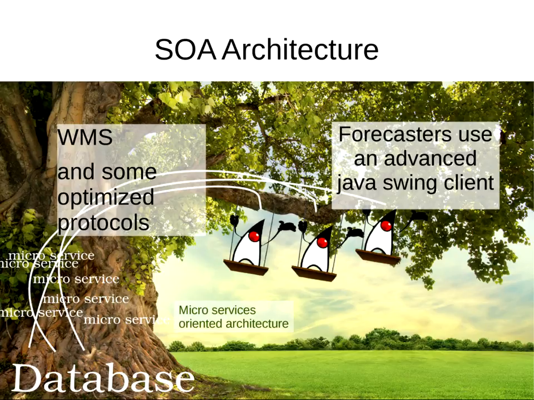So the Synopsys software is based on a service-oriented architecture, where forecasters use an advanced Java Swing client. The client requests the server using the WMS protocol. The server is fully WMS compatible, but we use some specialized protocol to provide optimized service.